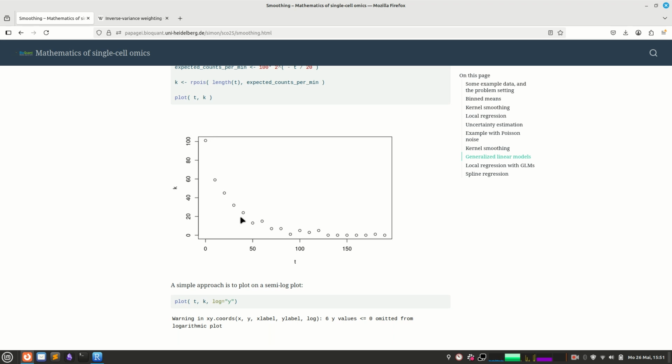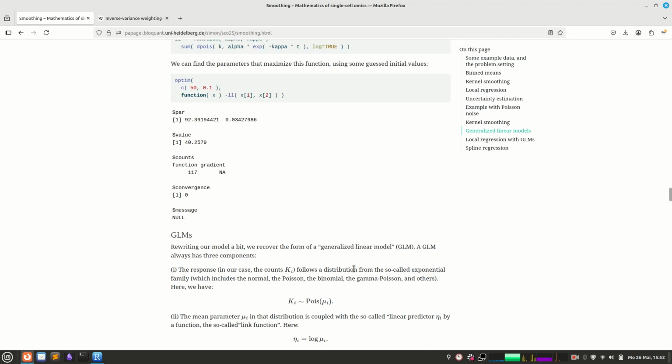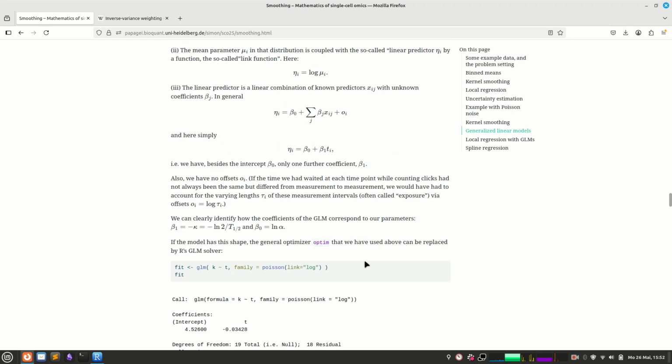But now maybe we say, here at the end, after a minute, we haven't heard a single click. Maybe it makes sense to now wait 5 minutes. So we might have decided to wait a longer time here than here. And in order to account for this, we simply put the logarithm of the time that we waited for a click as offset into our model. And then we get this out.